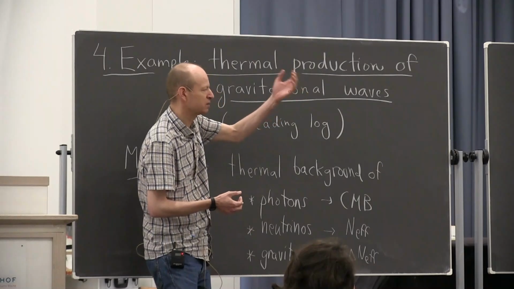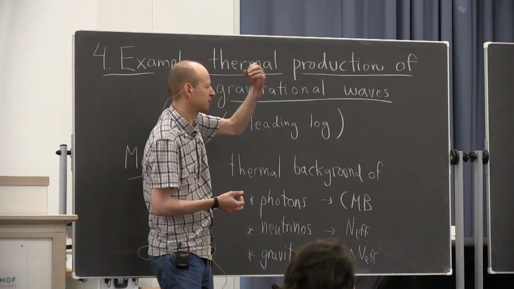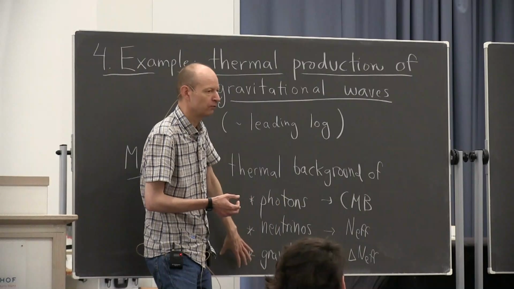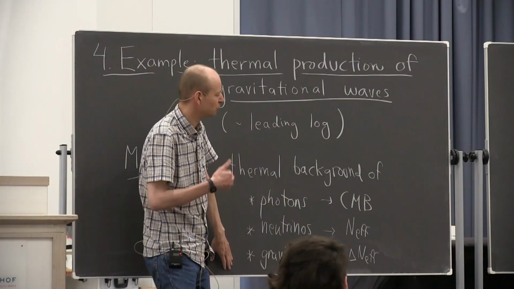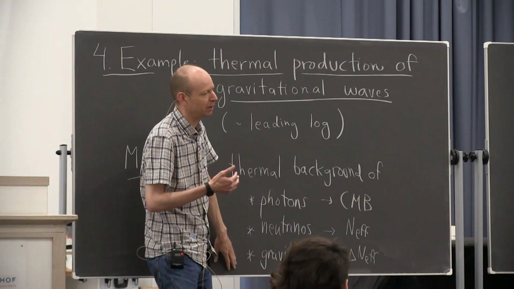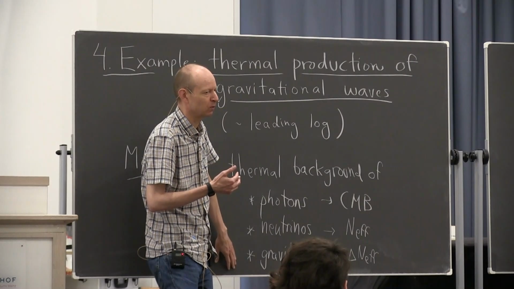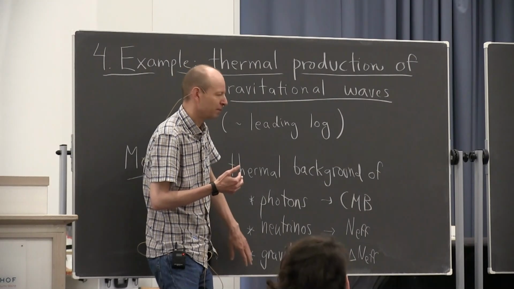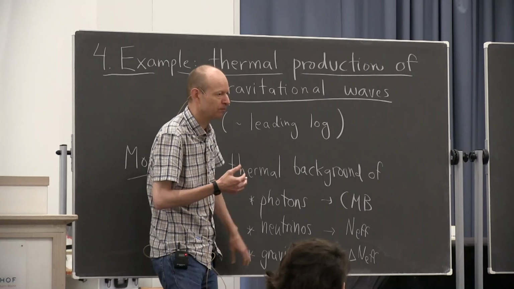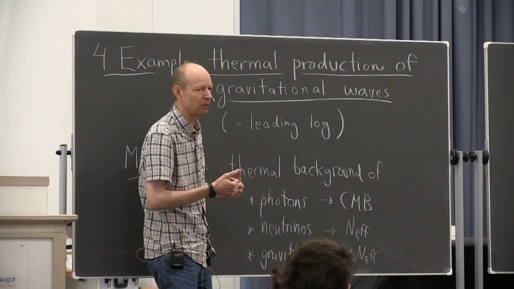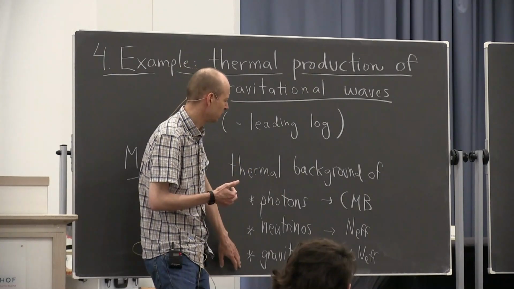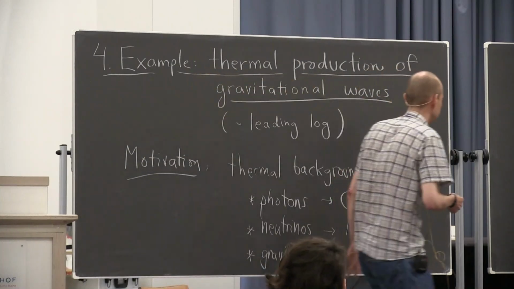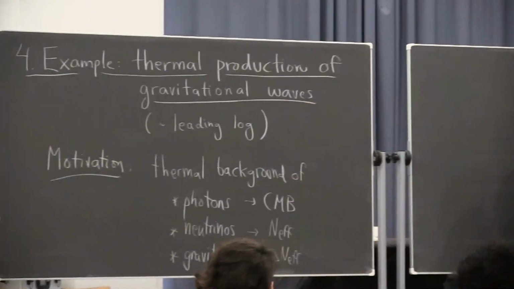That's what we see, the thermal background which used to be there but then decoupled. For gravitons, to the best of our understanding, it's very unlikely that they would have ever been in thermal equilibrium. But still, they are produced from thermal scatterings, and that's what I want to illustrate today. And therefore there is a background of them.